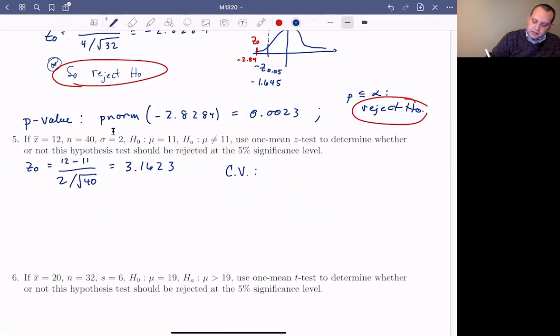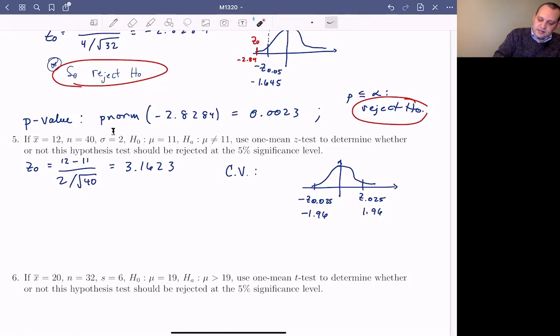So it's two-tailed, and we want to know the 5% significance. So we're going to look at z sub 0.025 and the corresponding negative value. Those cutoffs are going to be 1.96 and negative 1.96.